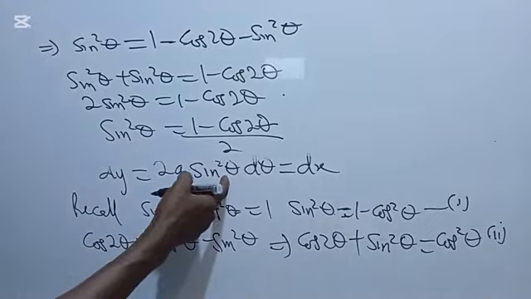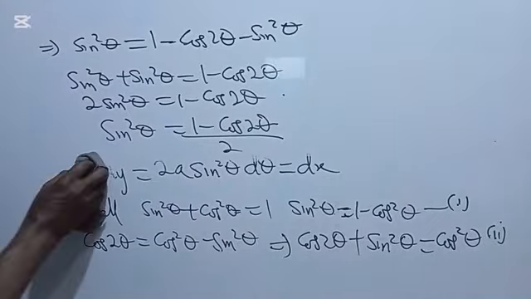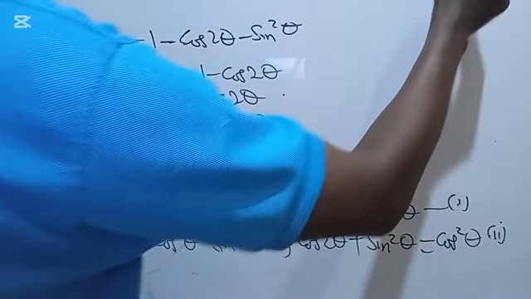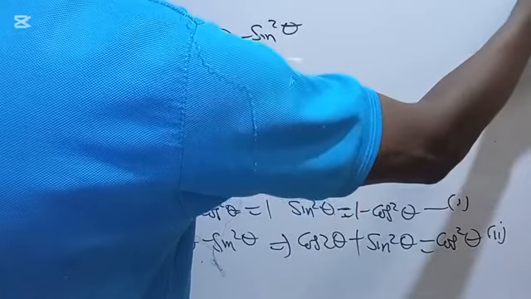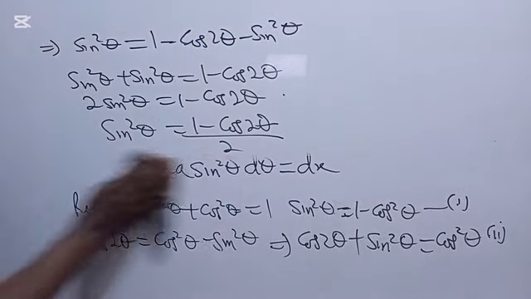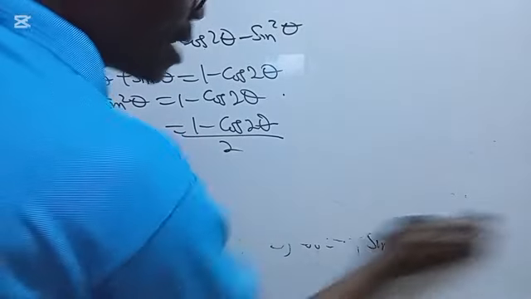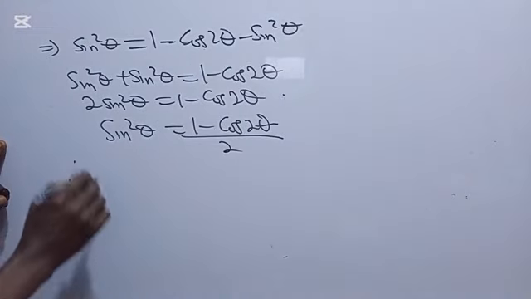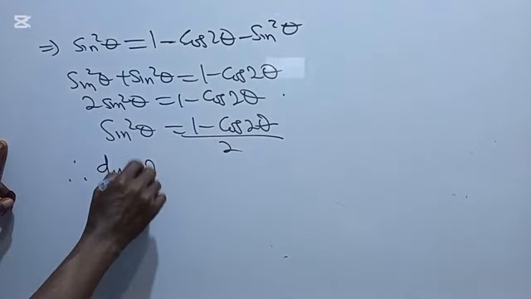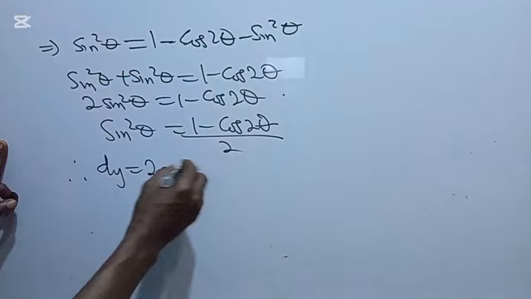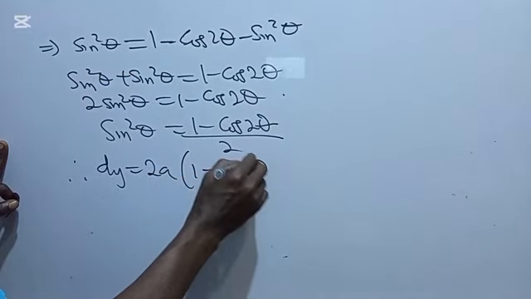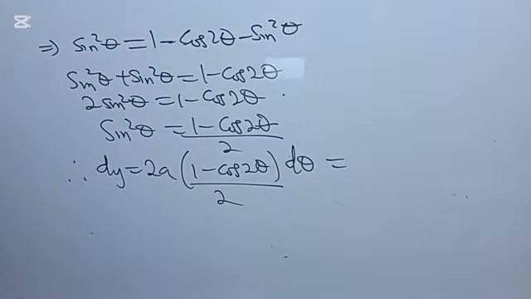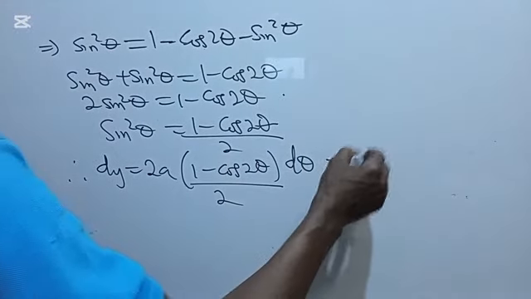So I want to replace this sine square theta by what I've gotten there. Let me write somewhere. The y is equal to 2a sine square theta d theta equals dx. Okay, I will use it later. Now with that, replacing, I have the y is equal to 2a, instead of sine square theta, 1 minus cos 2 theta all over 2 d theta is equal to, I hope you understand now, dx.